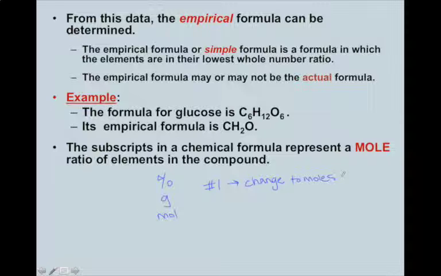If it's grams or percentages, just read it as grams and do a T-chart to change it over to moles. Step 2, I want you to write these down. Step 1 is to change everything to moles. Step 2, you're going to compare ratios. And by that, I mean divide the moles. This will make more sense in a minute. Divide all of the mole numbers by whichever is the smallest.